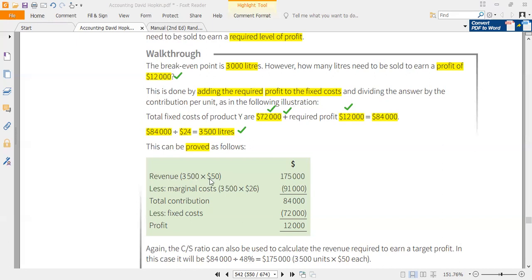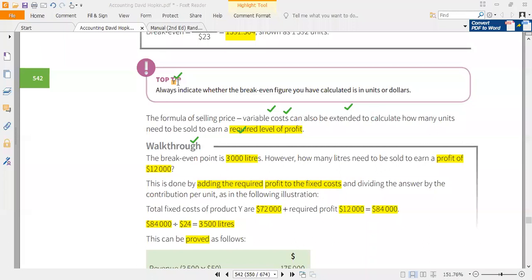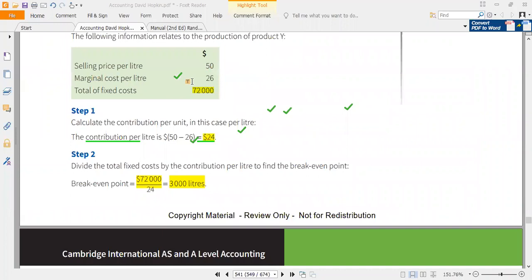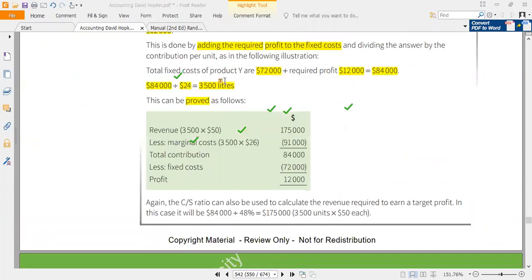Again, you can verify this. How can we prove it? We know 3,500 units, and the selling price is 50, your marginal cost is 26, and your total fixed cost is 72,000. So 3,500 into 50 gives revenue of 175,000, less marginal cost.